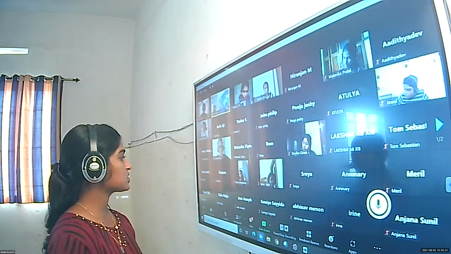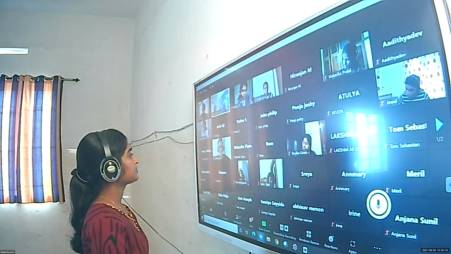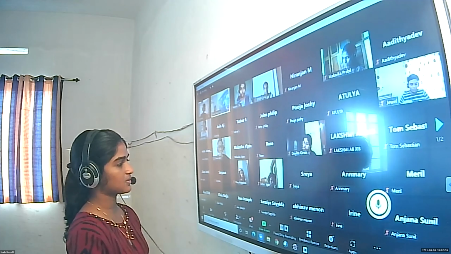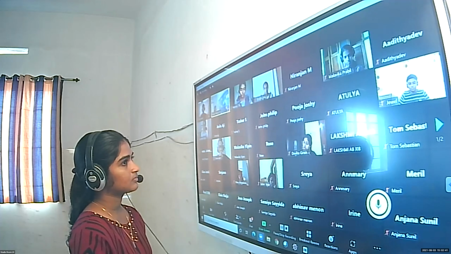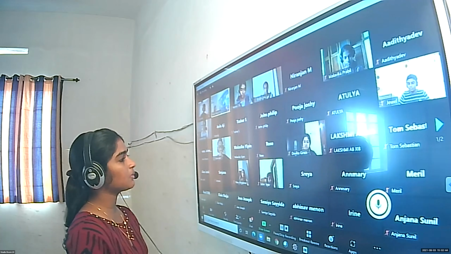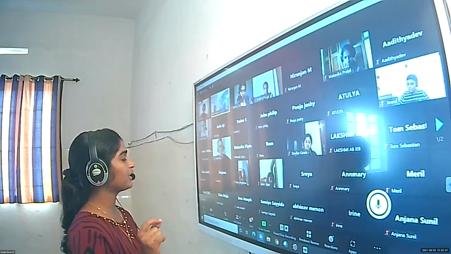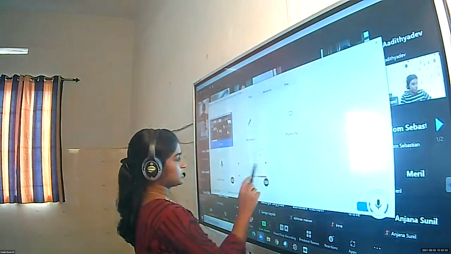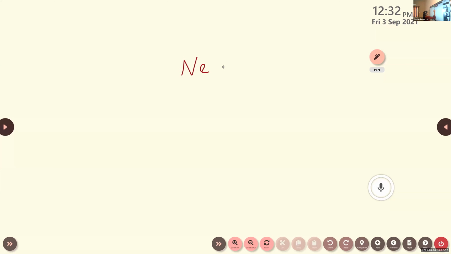What is this isoelectronic species? Atoms or ions with the same number of electrons. So you have to identify the total number of electrons. We can do one example. Here we are considering neon and Na plus. The configuration of neon is 1s2, 2s2, 2p6, right?